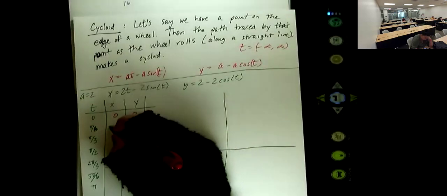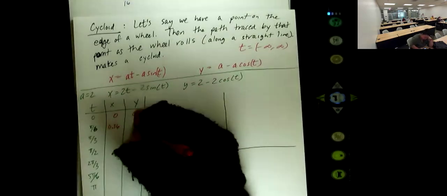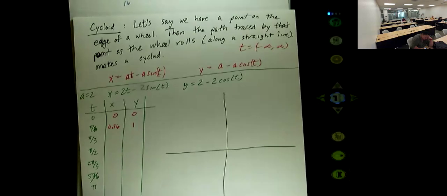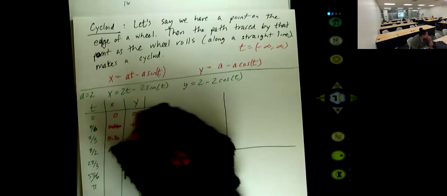I'm getting 0.36 for x. Yeah, I was plugging in pi over 3, not pi over 6. Those are shifted down 1, those are wrong. Try that again.